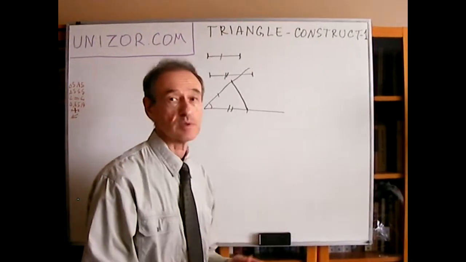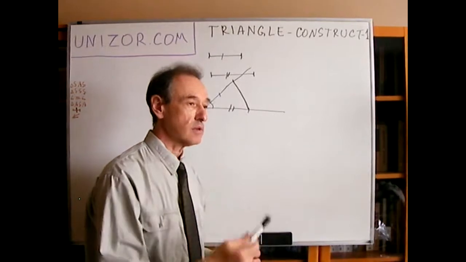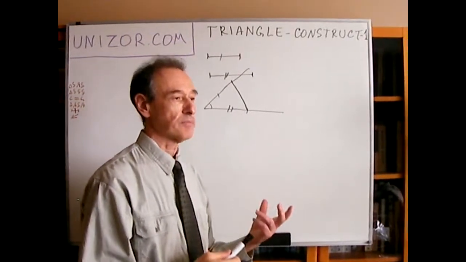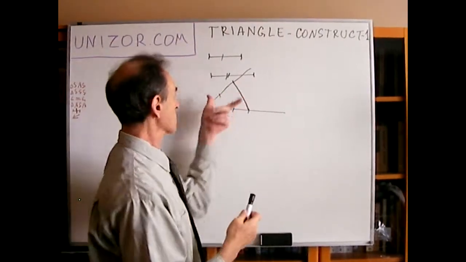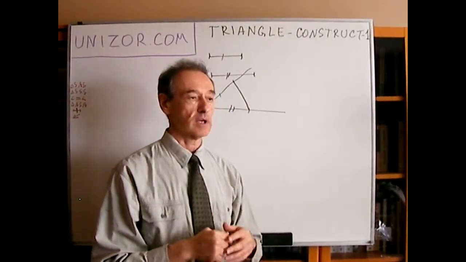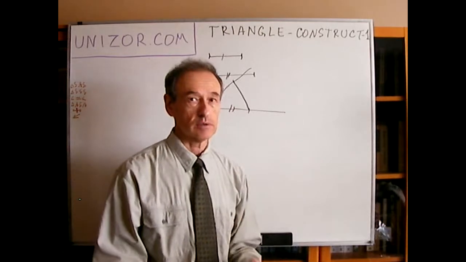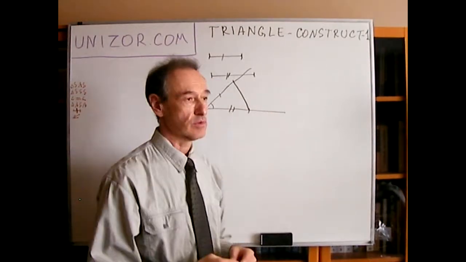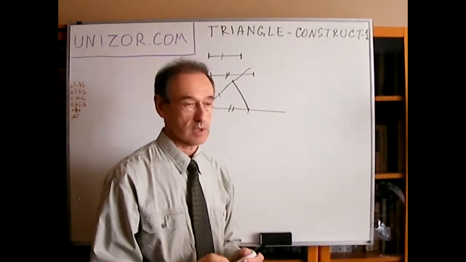Basically that's it, very simple problem. And again, considering all the triangles with congruent pairs of sides and angle between them, we have basically constructed any triangle which satisfies these 3 elements given to us.